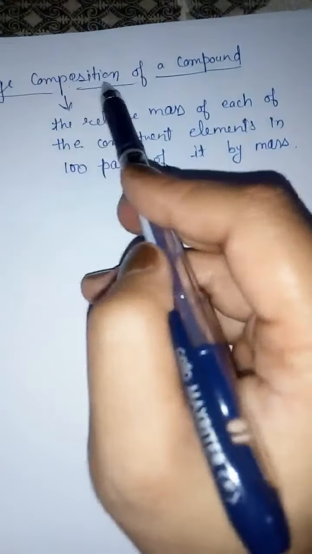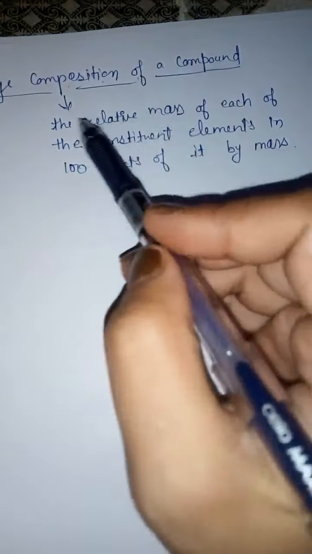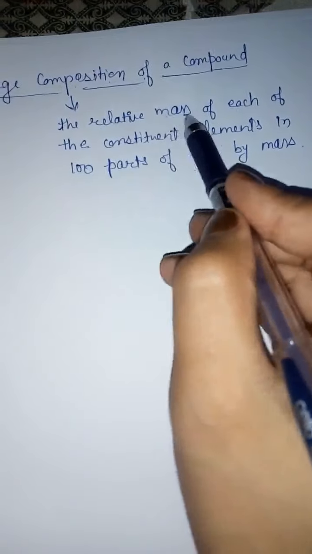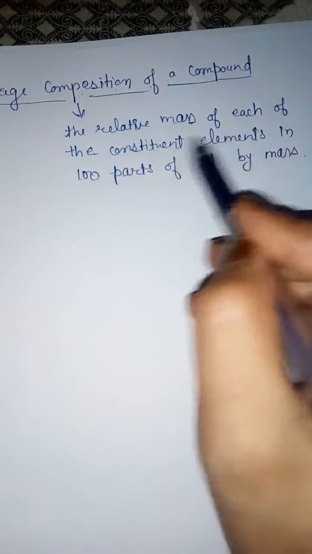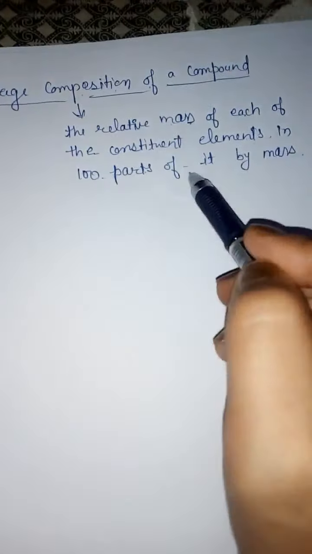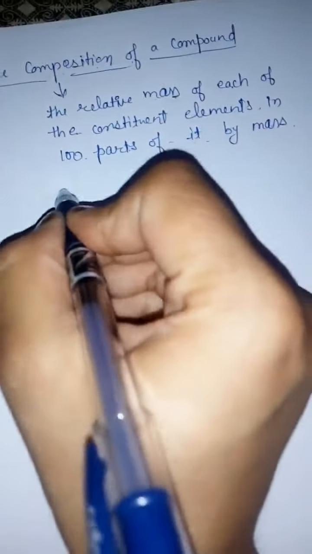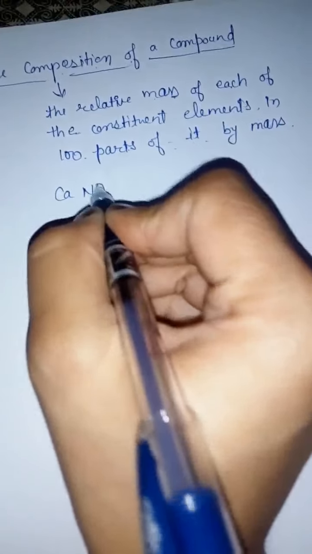That is, percentage composition of a compound is the relative mass of each of the constituent elements in 100 parts of it by mass. For example, calcium nitrate.